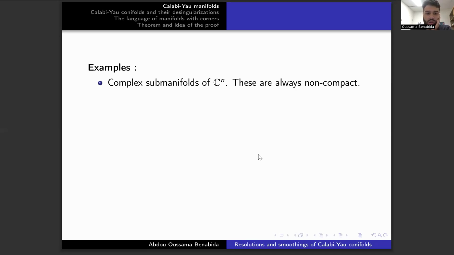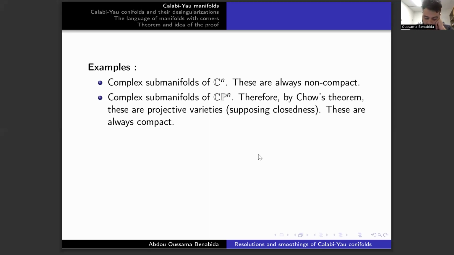So there is no compact complex submanifold of C^n. So if we want to look at compact manifolds, the most important example is the projective space. So CP^n itself is a compact Kähler manifold. The well-known Kähler metric on it is known as the Fubini-Study metric.